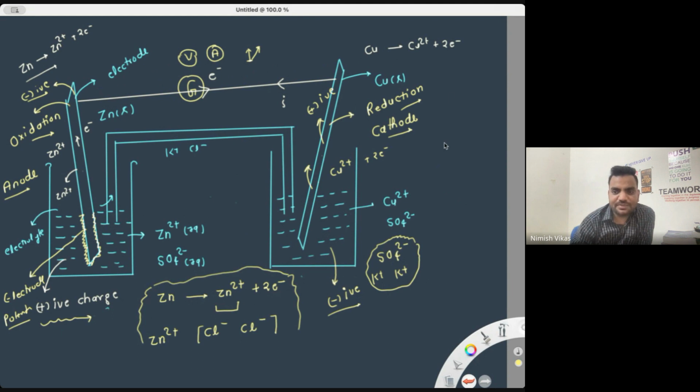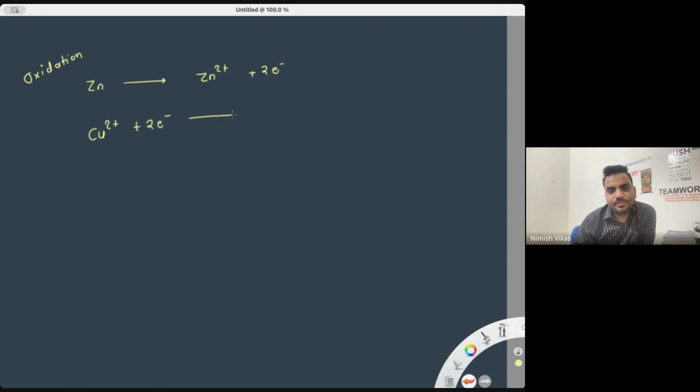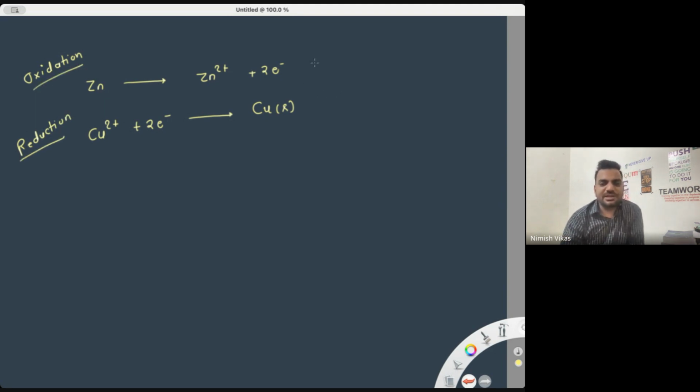If you write the reaction separately, this can be summarized as zinc losing electron, this is the oxidation part, and cupric ion gaining electron, becoming copper solid, this is the reduction part. Oxidation and reduction both are happening simultaneously. So this was the redox.